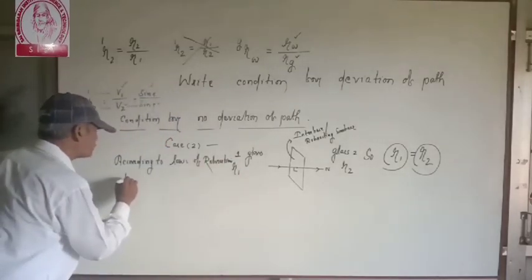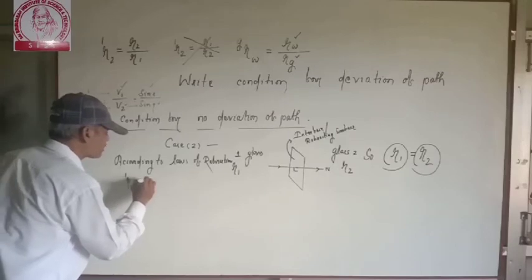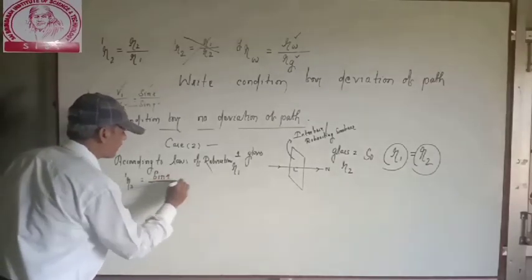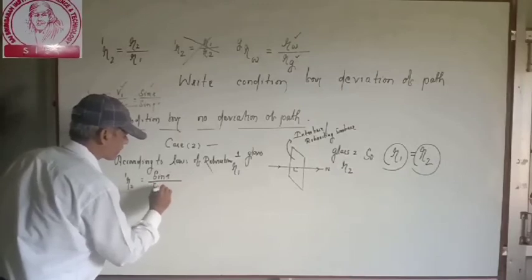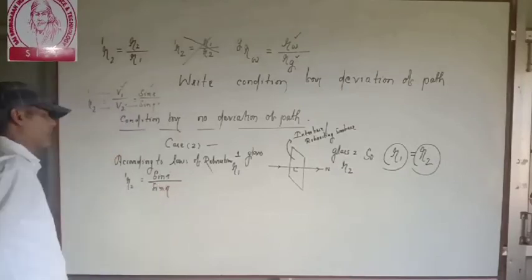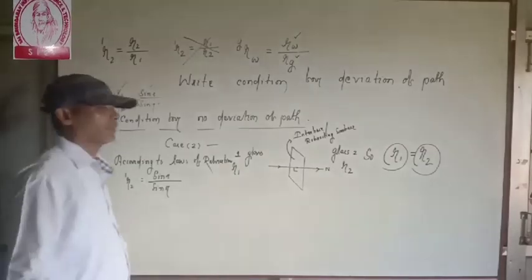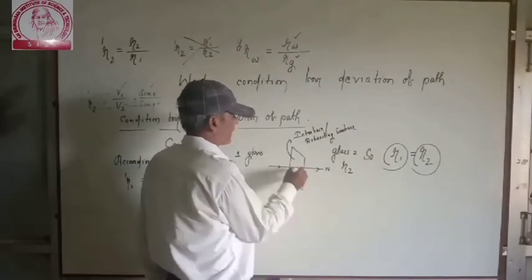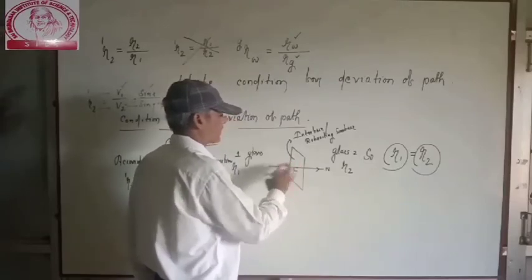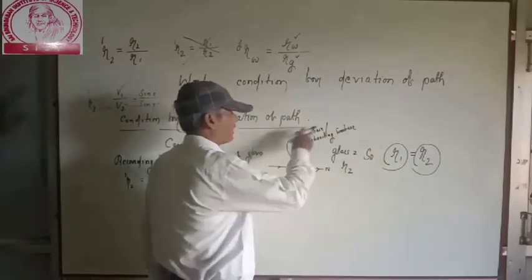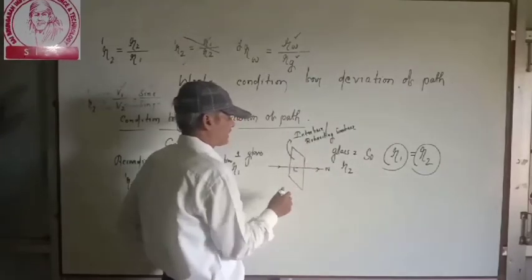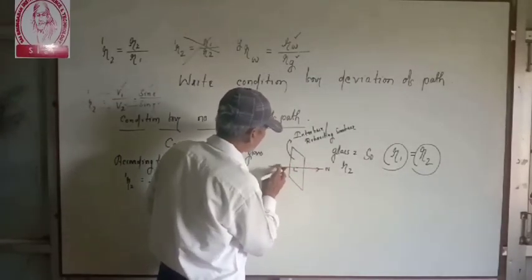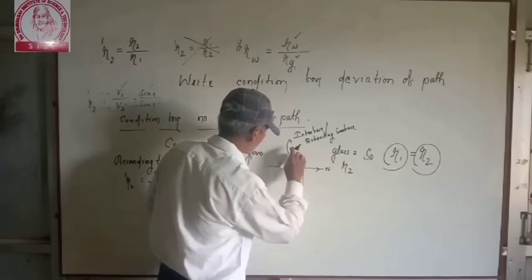According to the laws of refraction, 1 mu2 is equal to sin i by sin r. Let's say the incident ray strikes the interface or refracting surface at an angle, not along the normal.